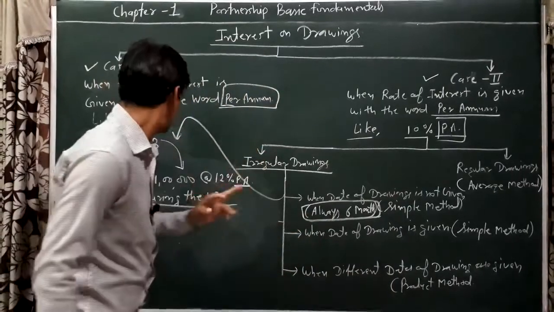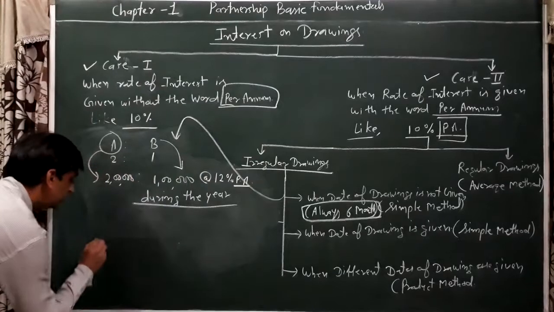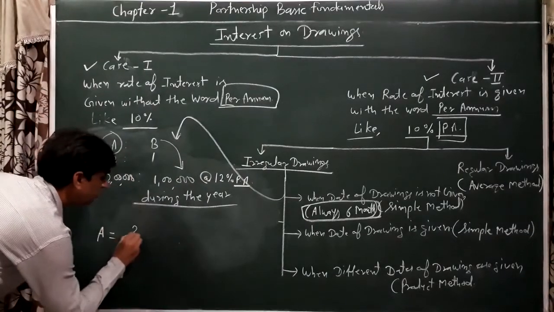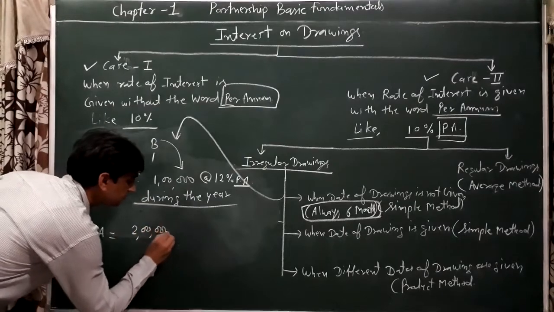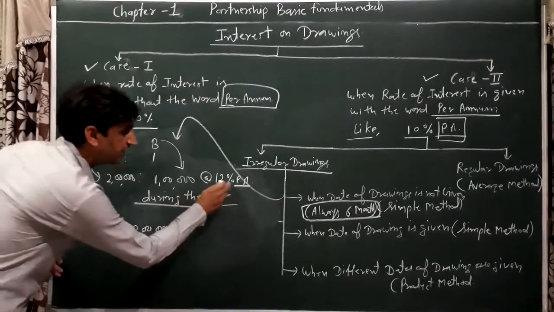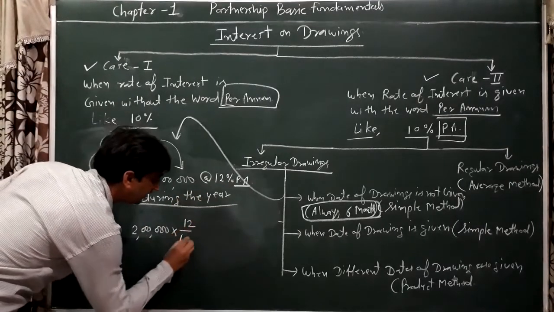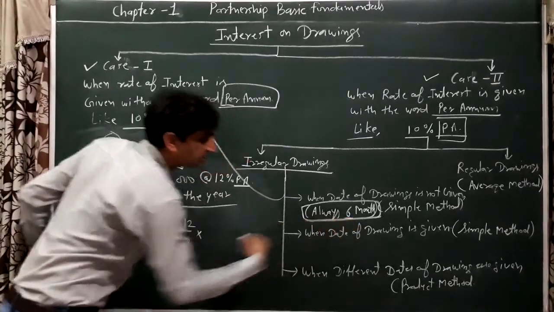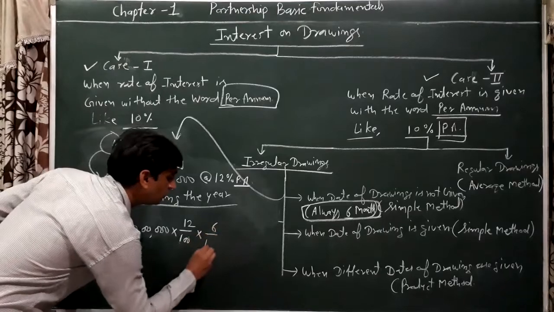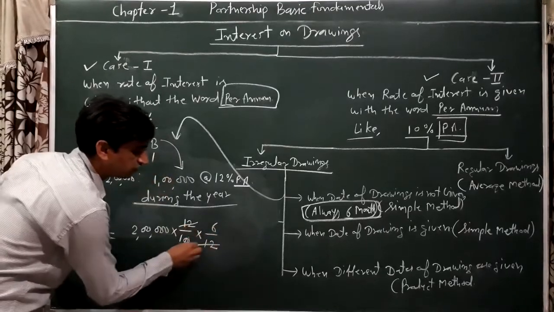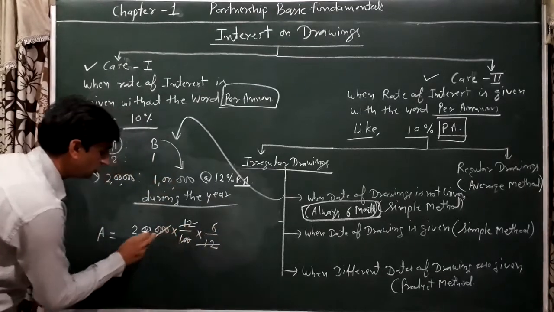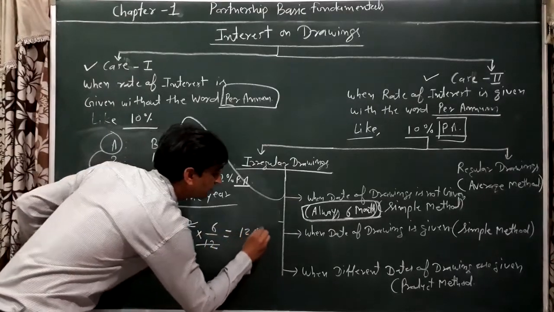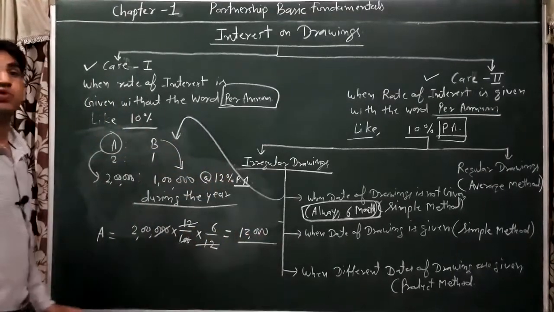So here interest for A will be the amount of drawing, rupees 2 lakh, into rate of interest 12 upon 100, into average time period, which will be 6 months, 6 upon 12. 12 cuts 12, 20 cuts 20, 2000 multiplied by 6, 12,000 will be interest for Mr.